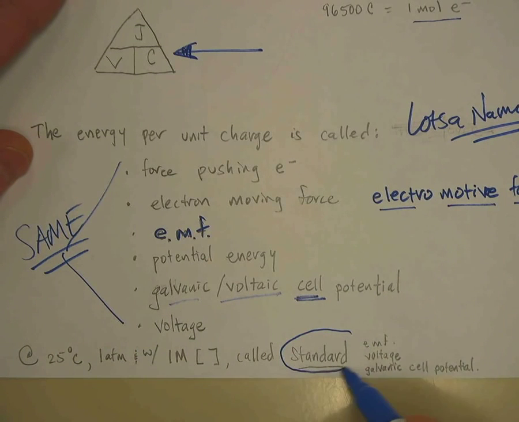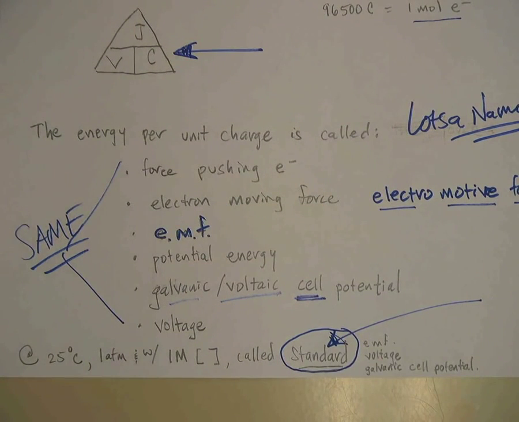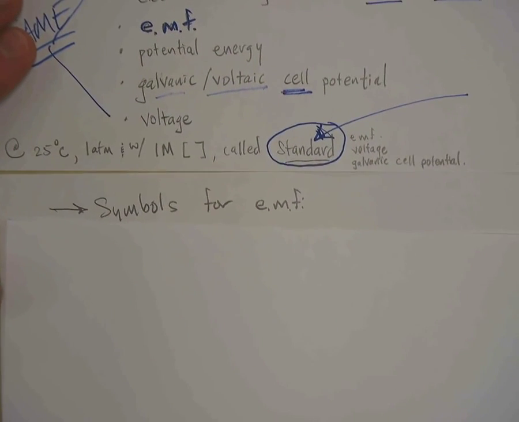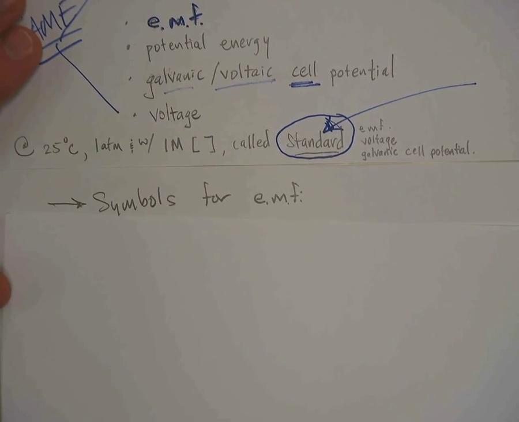Get used to that because this word is used all the time. They call it the standard cell potential, the standard EMF, the standard voltage. So what are the symbols for this? You know, you don't want to write out the words standard cell potential all the time.